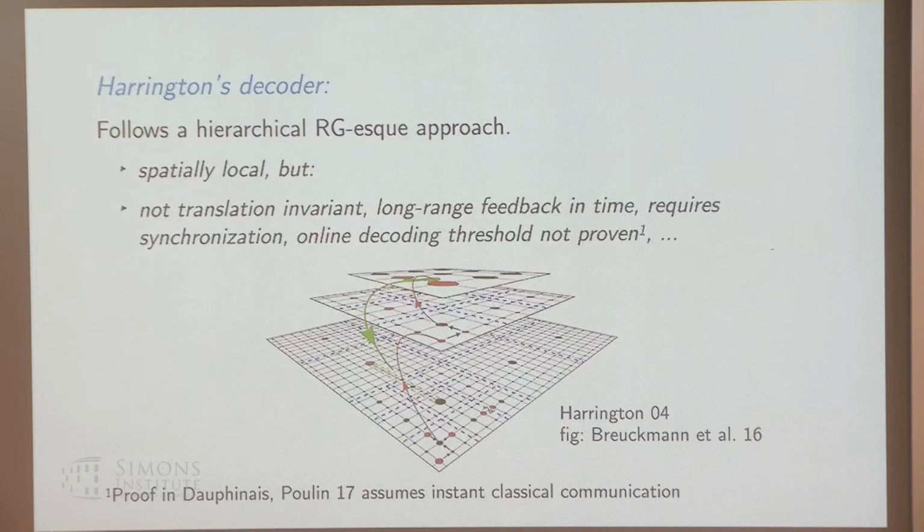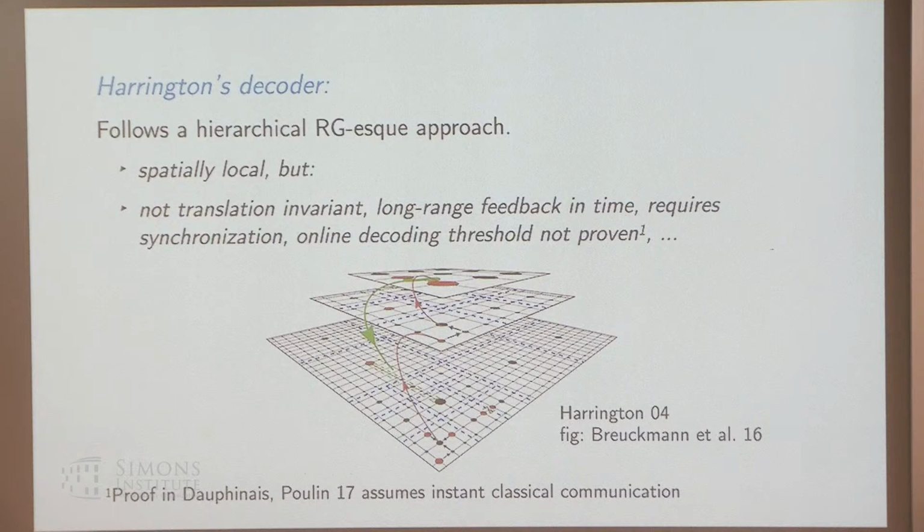So maybe the first that people would be familiar with is Harrington's decoder. Harrington's decoder was proposed by Harrington back in 2004 in his thesis. It follows a hierarchical RG-inspired approach towards doing error correction. It fits our requirement of being completely spatially local, but it has some downsides for us.